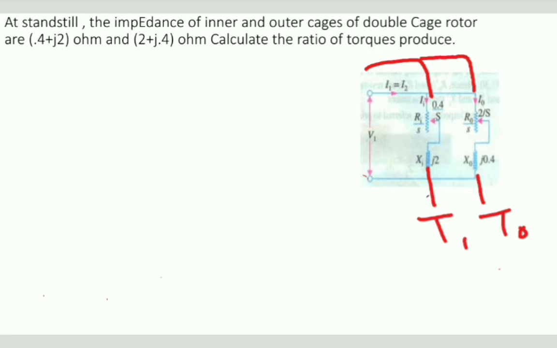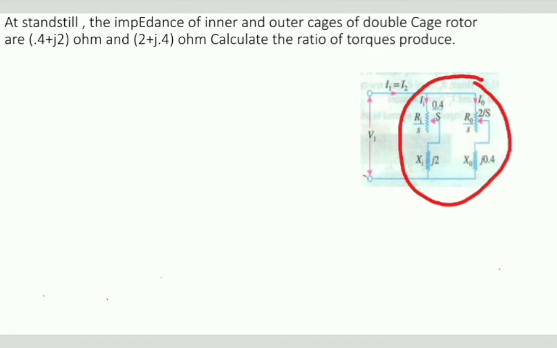So how do we proceed to find the ratio? First we make a circuit diagram that simply shows the two cages. We know the impedance of a rotor circuit is R2 and sX2, because slip is there.